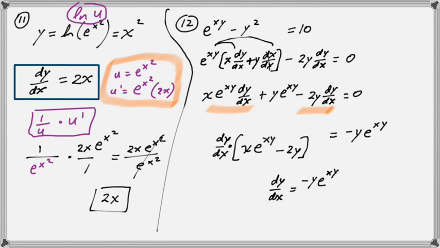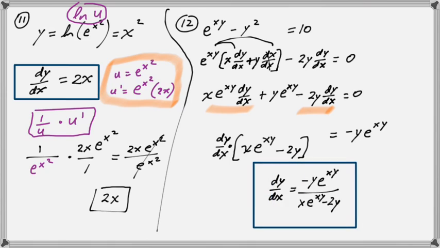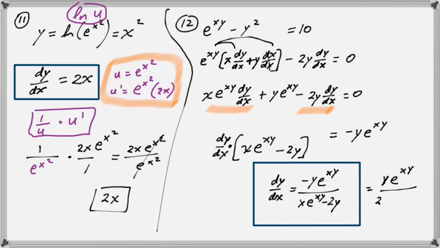So this right here, if I divide it by x e to the xy minus 2y, that's the answer I got. If you happen to bring the things to the other side, you might have gotten a positive y e to the xy over, and on bottom would be 2y minus x e to the xy. Either of these would be correct answers.